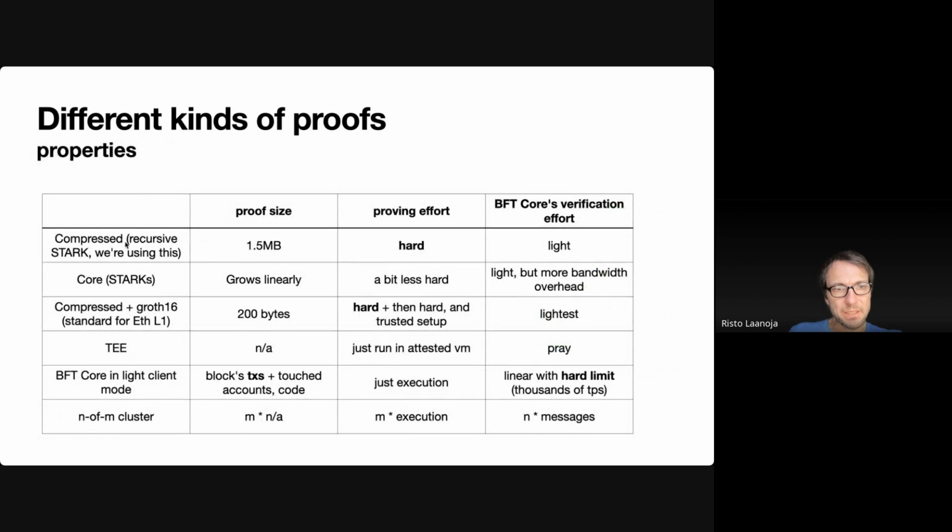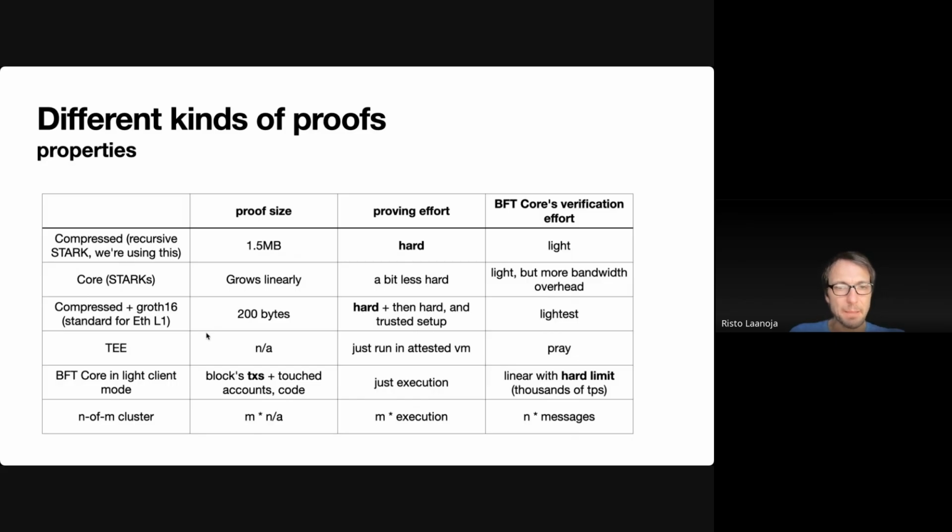And a bit more detail. There are three different kinds of ZK proofs. This one is 1.5 megabytes, which I demonstrated, which is a recursive STARK. Proving is hard, verification is simple. Then there is the so-called core proof, which grows linearly with the input and is a bit less hard to generate.